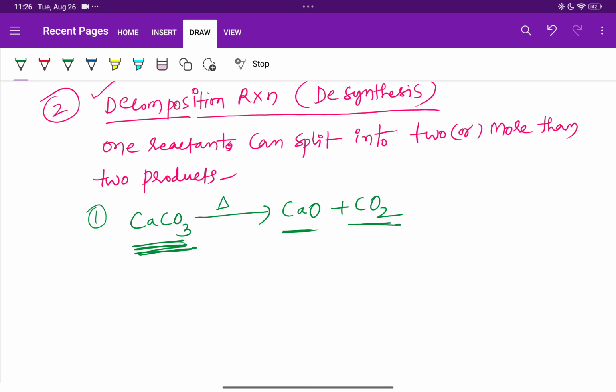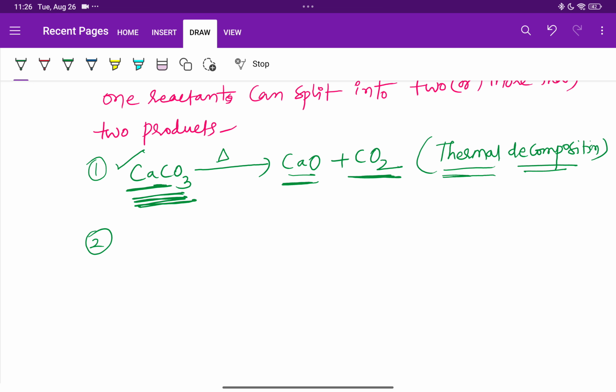But it is happening by supplying heat energy. I am supplying heat energy to the calcium carbonate. Then it is breaking into calcium oxide and carbon dioxide. So this reaction is called thermal decomposition reaction. In the presence of heat, any reactant breaking into two or more than two products is called thermal decomposition.